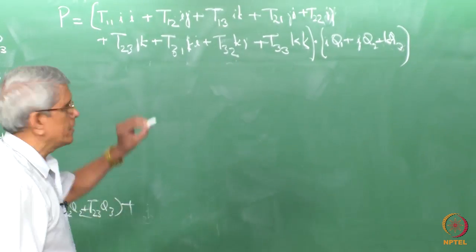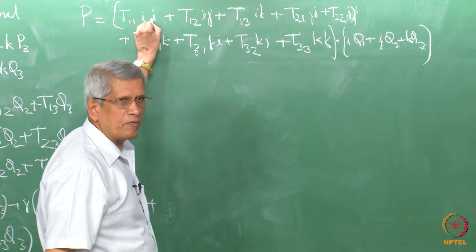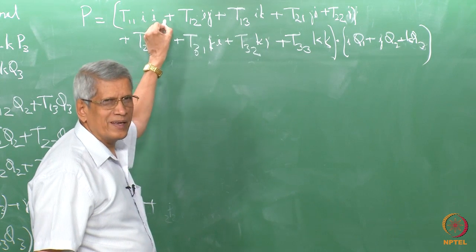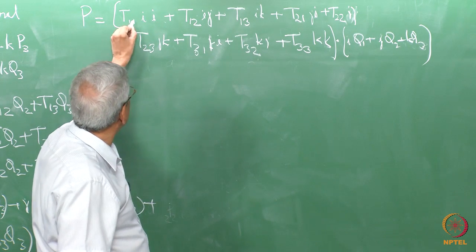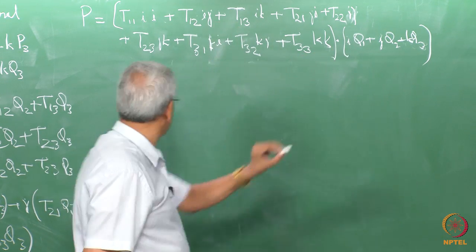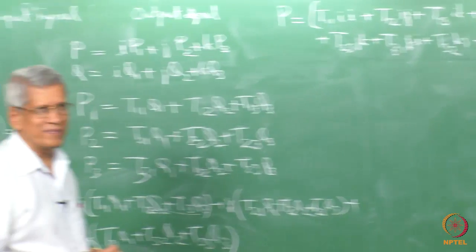Here, if you take the dot product like a normal vector, take these two, I dot I will turn out to be 1. So this will become T11 into q1. Similarly, when we write it, finally we will end up with an expression of this type.